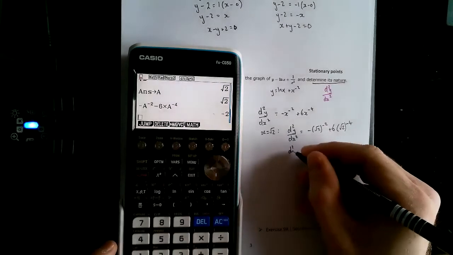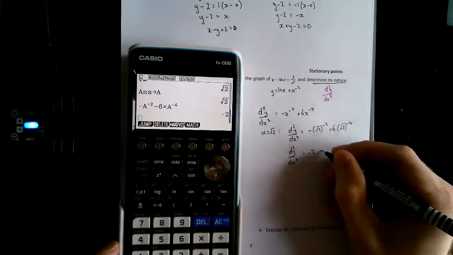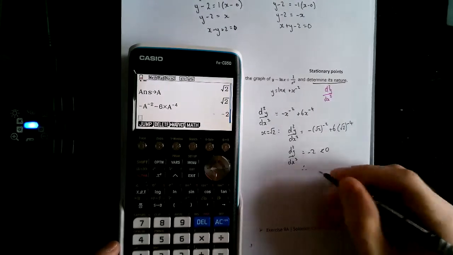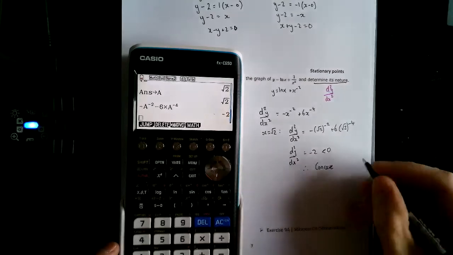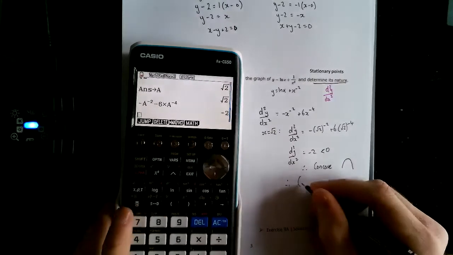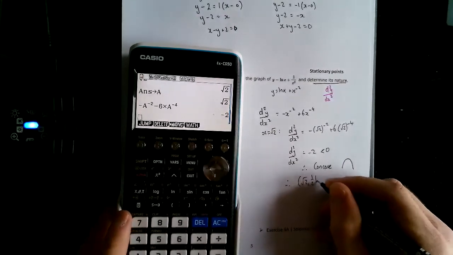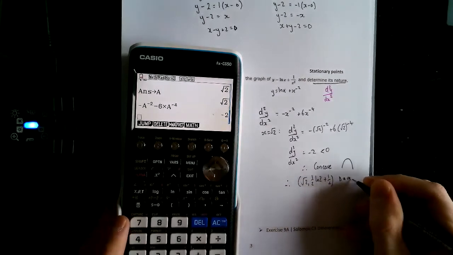So d2y by dx squared is minus 2, which is less than 0. So therefore it is concave. So if it's concave, my point, root 2, a half ln 2 plus a half, is a maximum.